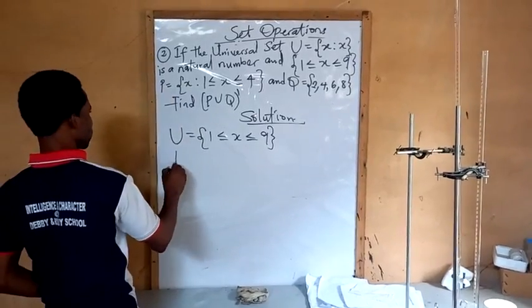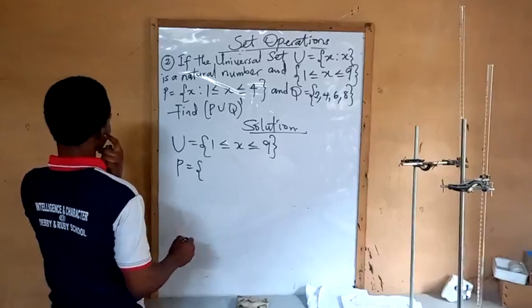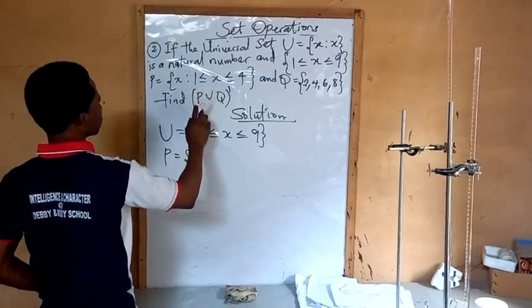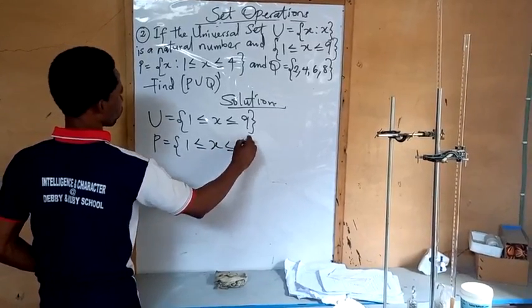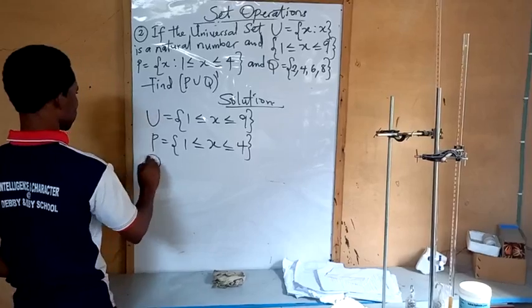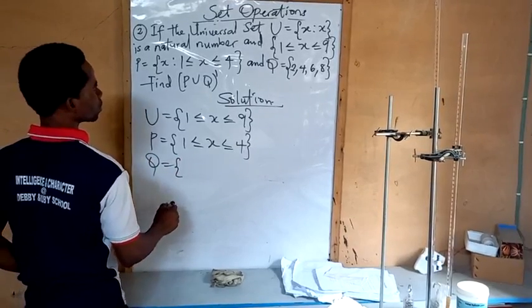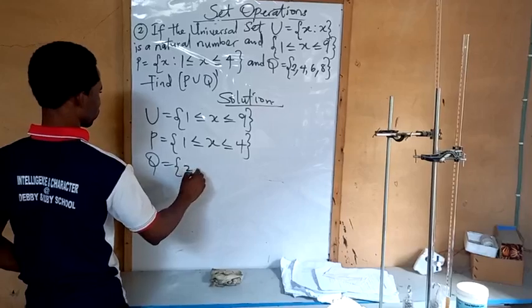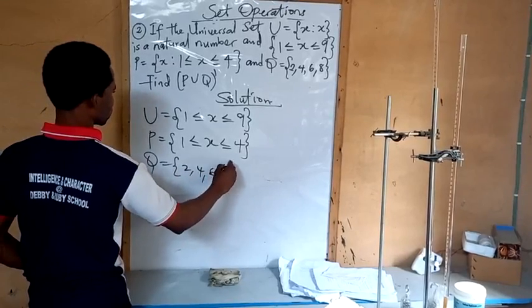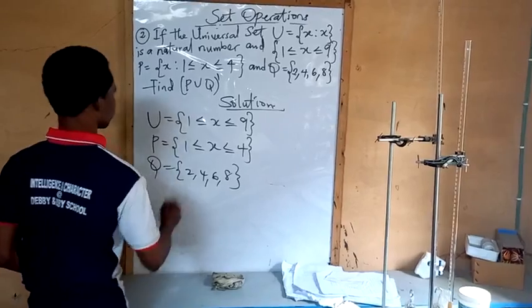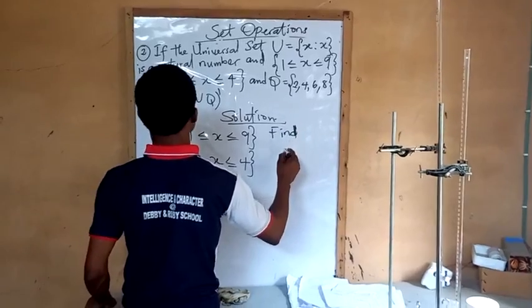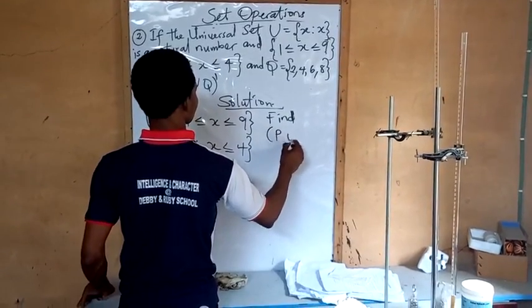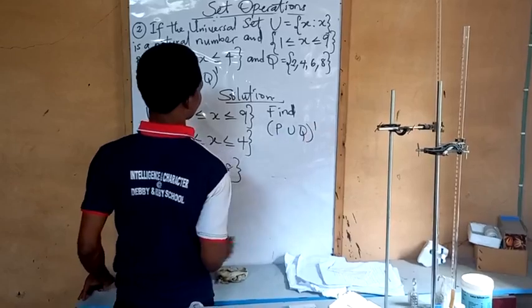And our P is x such that 1 less than or equals to x less than or equals to 4. And our Q is 2, 4, 6, 8. Find P union Q close bracket prime.